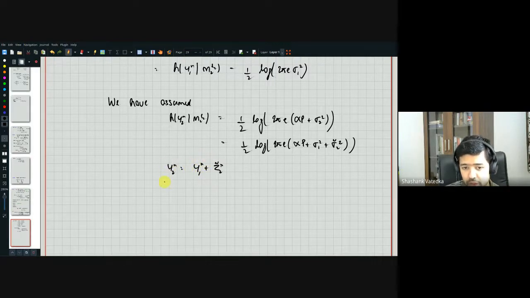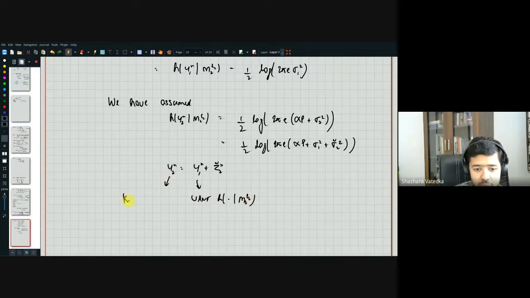We know h of y2 given m2, and we know h of z2 tilde. We want h of y1 given m2. We know the entropy of y2 given m2.